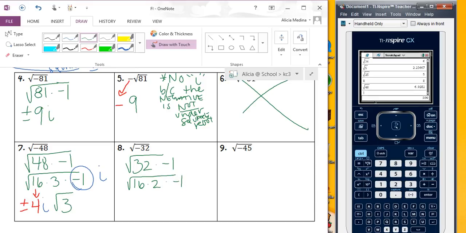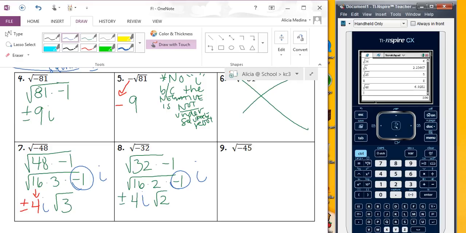I'm not going through that because that was in the previous video. So if you need to look back, please look back at the notes from the other unit. So square root of 16 is going to give me that plus or minus 4. There is no square root of 2. And again, the square root of -1 is i. My final answer would be plus or minus 4i times the square root of 2.